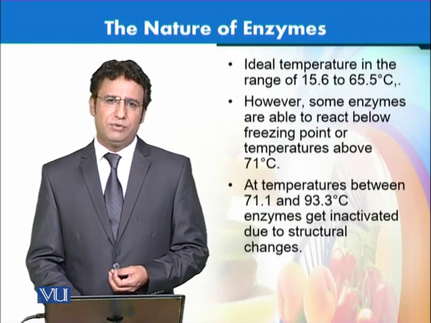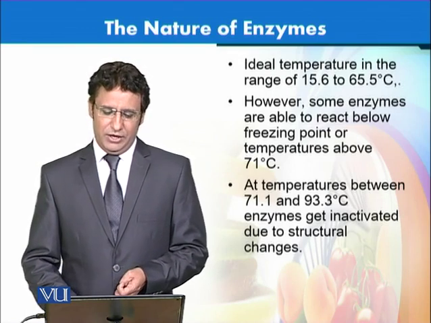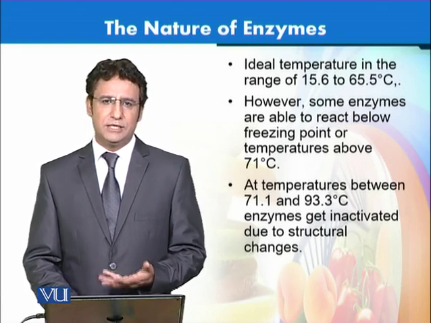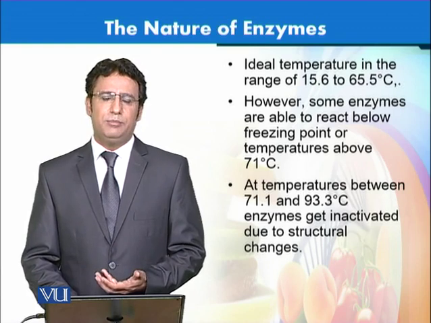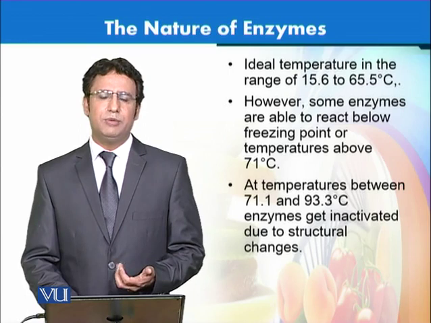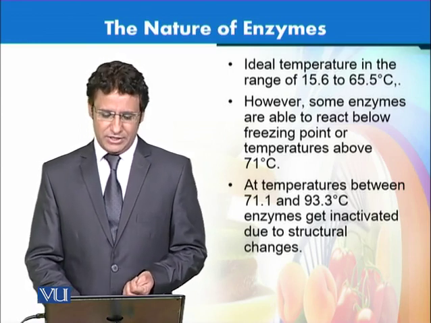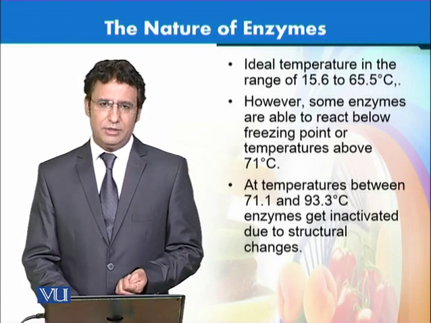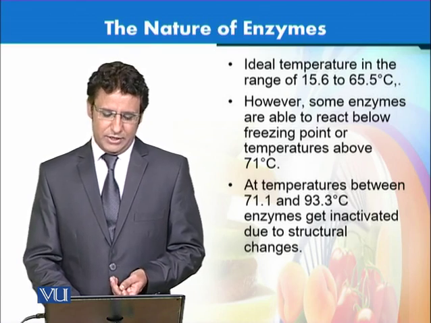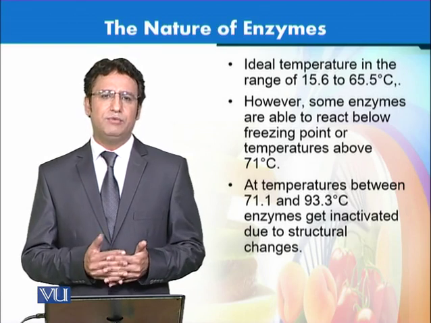The ideal temperature for enzyme function ranges from 15 to 65 degrees C. This is a range at which most of the enzymes would function. But there can be exceptions, in that some enzymes might be able to function below 15 degrees C or above 65 degrees C as well. For example, there may be enzymes working above 71 degrees C. Otherwise, these enzymes are mostly inactivated at the temperature range of 71 to 93.